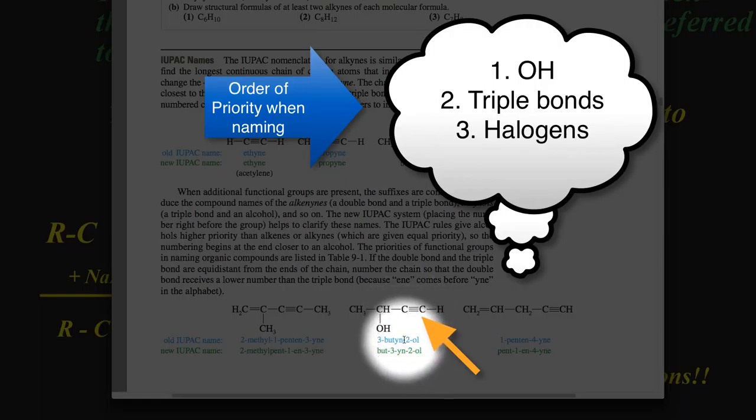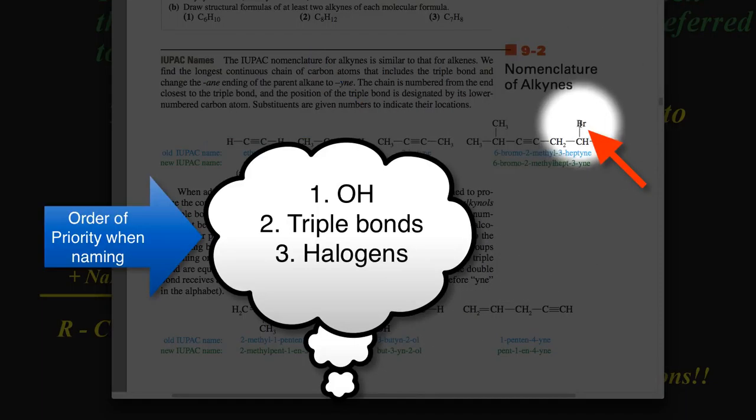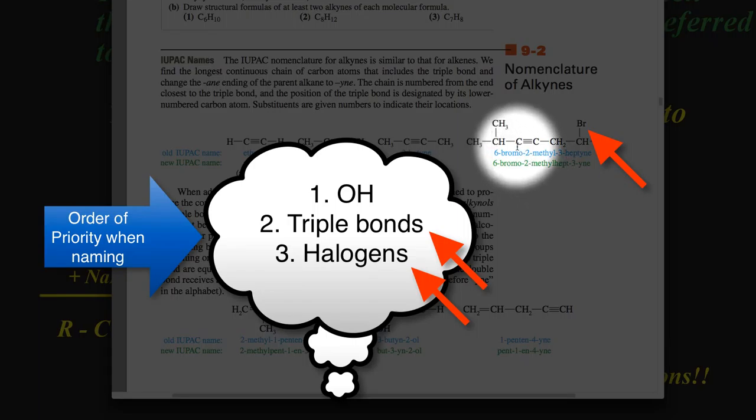Notice the alcohol suffix is at 2 versus the triple bond that's occurring. However, halogens come after the triple bond, meaning the triple bond takes precedence over halogens.